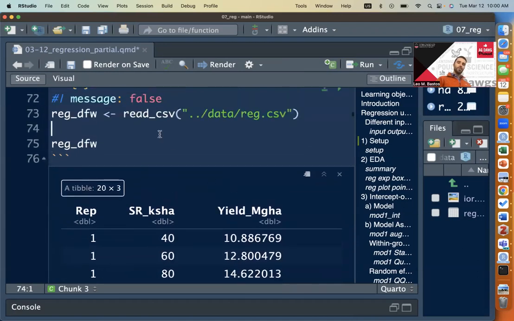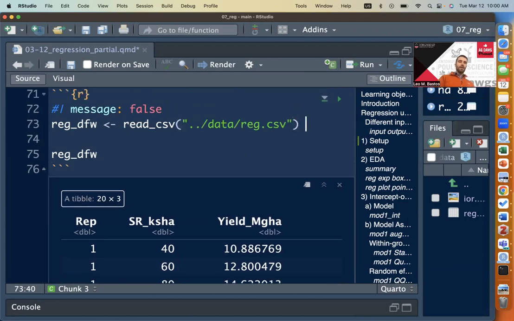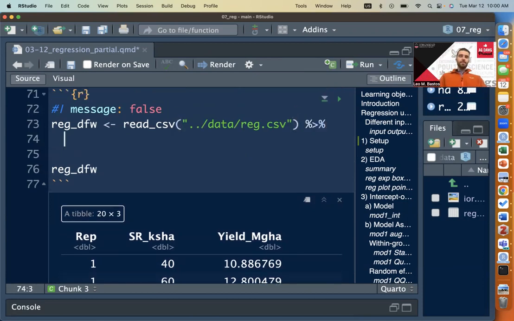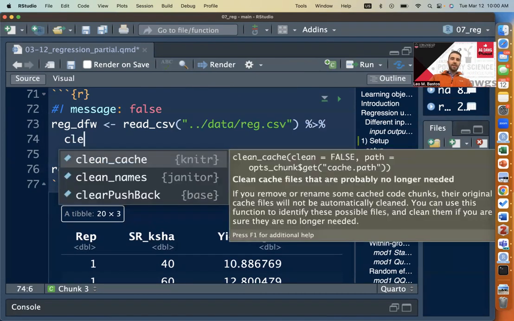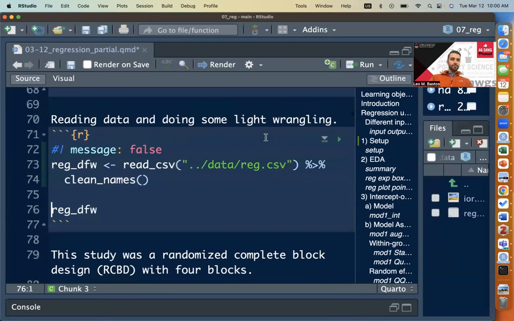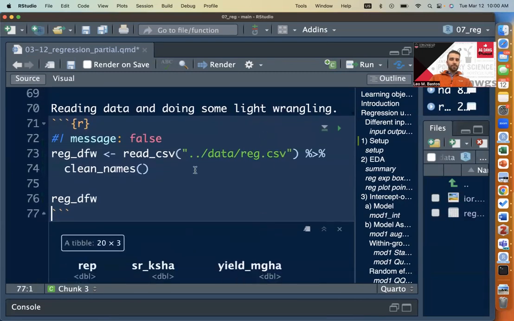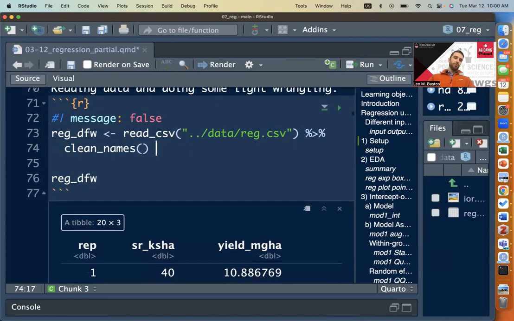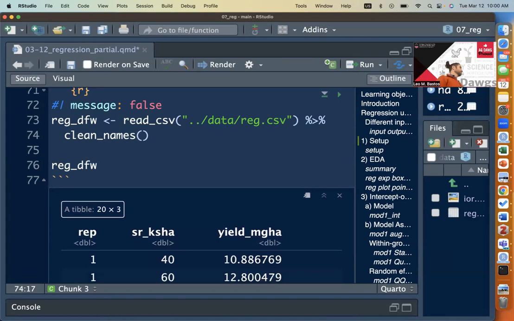I do want to do some light wrangling right here. So if you just come after your read_csv, let's add a pipe. I want to use the function clean_names just to get these standardized to lowercase. And also, in the previous exercise, remember we were talking about how rep should be a factor.